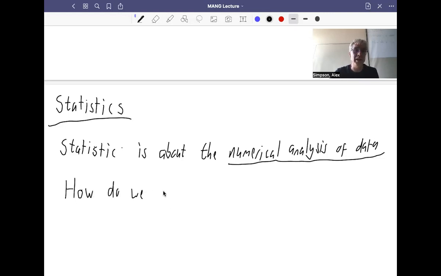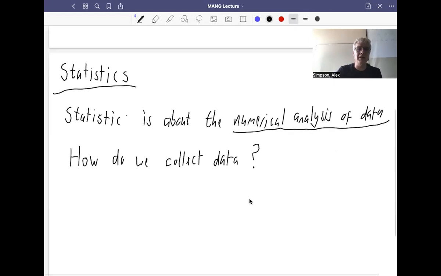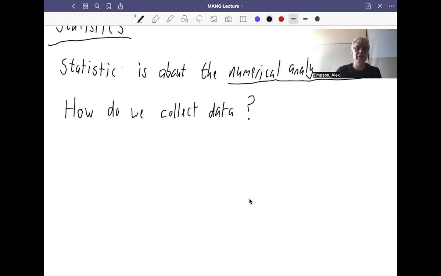So as I said, one way is over the web, and there are algorithms that do that. But suppose we want to survey the population, for example, ask them their opinions. How do we collect data? And one common way of doing that, if we want to survey the population, so for example, I'm not going to be exhaustive of this, we just want to consider some examples of things.